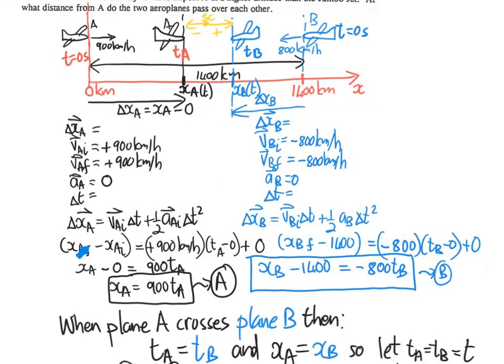So these two values here are actually functions of time, as we will see. The initial velocity of aircraft A is 900, aircraft B is minus 800.